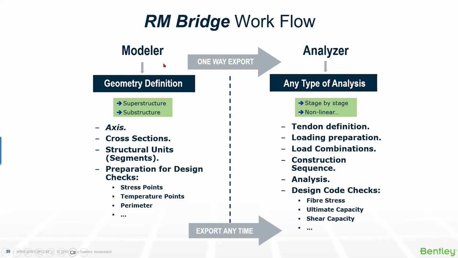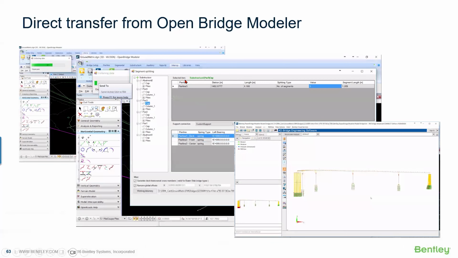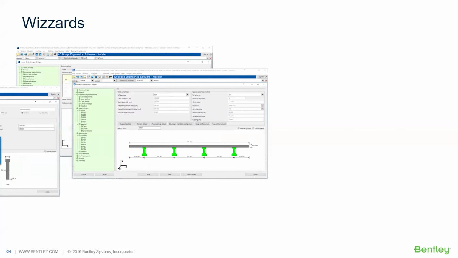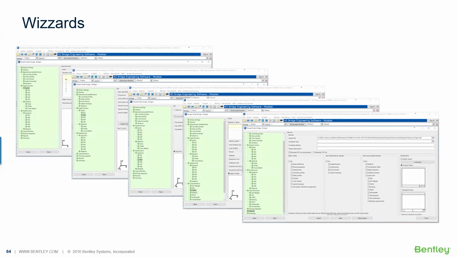So step by step, we replace the modeler of OpenBridge with OpenBridge Modeler. But we keep the wizards, because here we have a direct transfer, but we can also have different wizards for automatically creating small and medium bridges very easily, automatically generating all the different load cases, and at the end all the different reports.